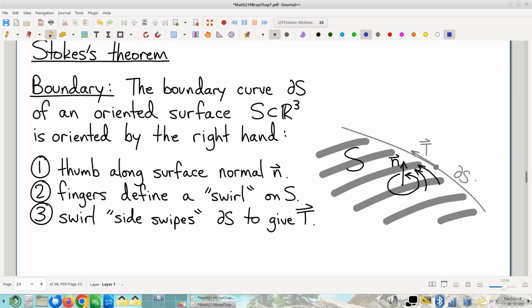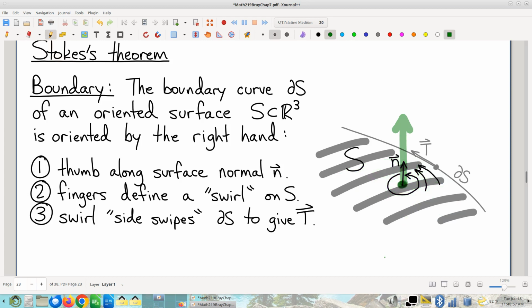Here's my take on how to do it. You look at your surface. You pick a point on your surface that is near the boundary, not on the boundary. Very importantly, not on the boundary, but near the boundary, right? And you think about the orientation of the surface at that point, near, not on, near the boundary.